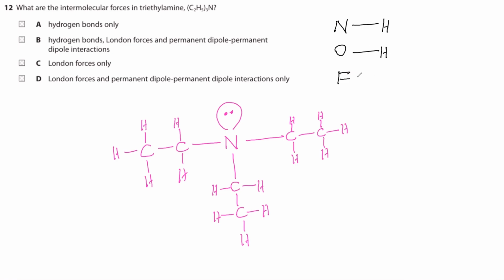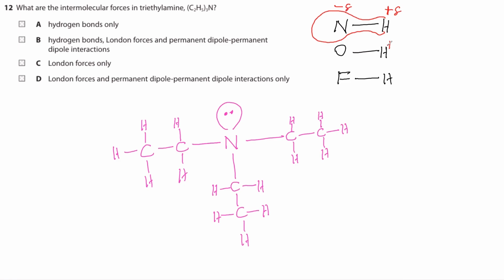Then only you can get that extreme dipole, because when the most electronegative atoms attach to the hydrogen atom, they pull the electron cloud of this hydrogen very strongly towards them. As a result, this hydrogen will become extremely plus delta. The electronegative atom, nitrogen, oxygen, or fluorine, will become extremely minus delta.